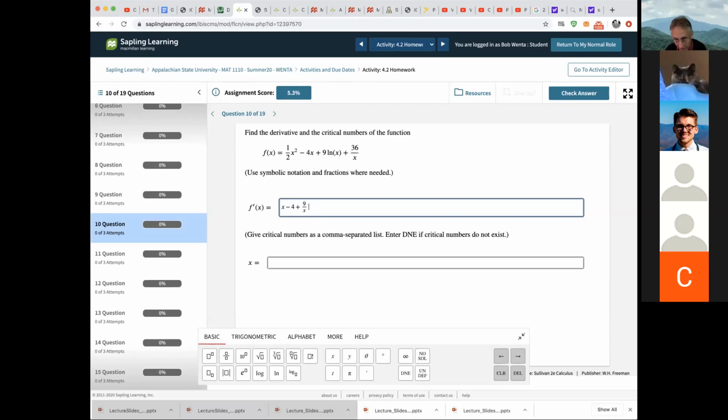So it's x to the negative 1, that makes it x to the negative 2. That puts x squared in the denominator. Yes? So we end up with minus the fraction here, 36 on top and x squared on the bottom.